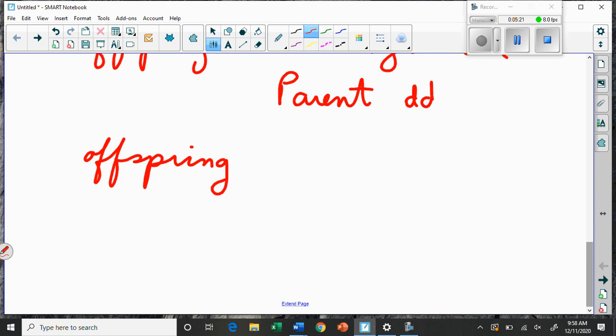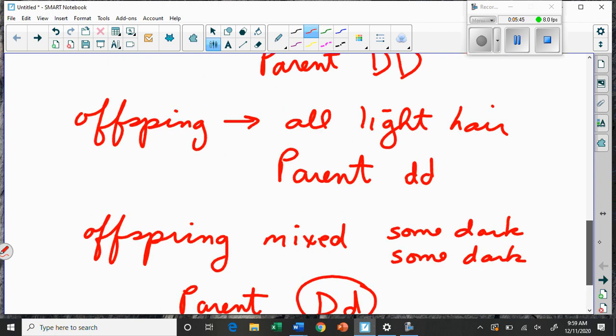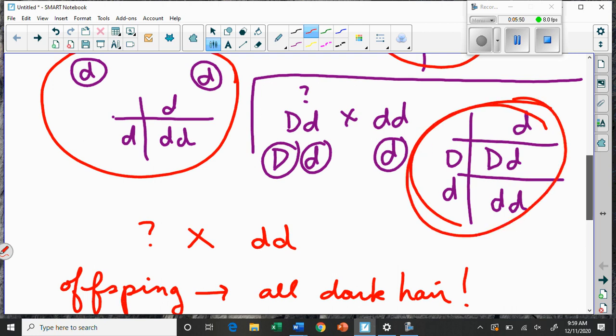So if the offspring are mixed, even if there's one light-haired baby out of 10, so some dark-haired and some light-haired, then that tells us that the unknown parent must be heterozygous for the trait, because that's the third option. It's the only way right here where you can get both options. So we can use the homozygous recessive individual as a tester for unknown individuals.